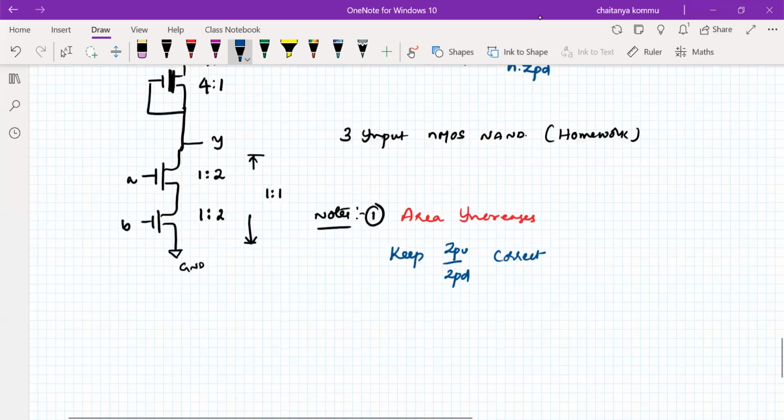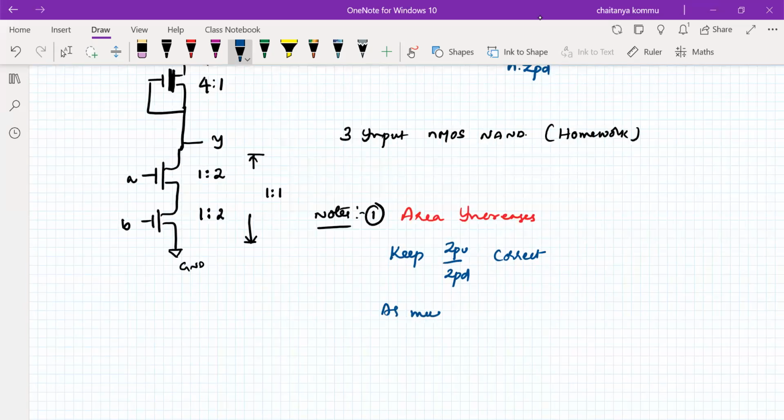So as much as the pull down dimension increases, as much the pull up dimension must increase.